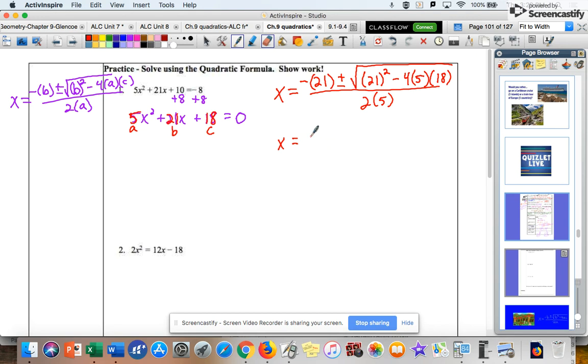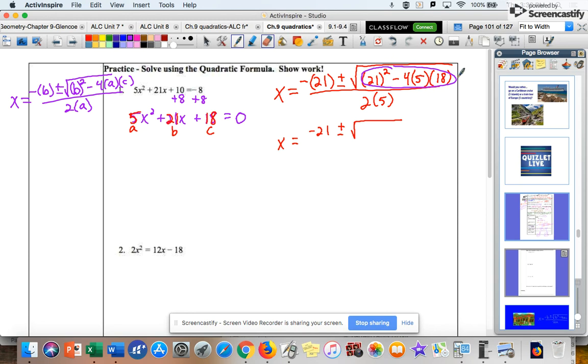And so let's see, we've got negative 21 plus or minus the square root. And this is, again, what you're going to want to type into your calculator. So 21 squared minus 4 times 5 times 18.